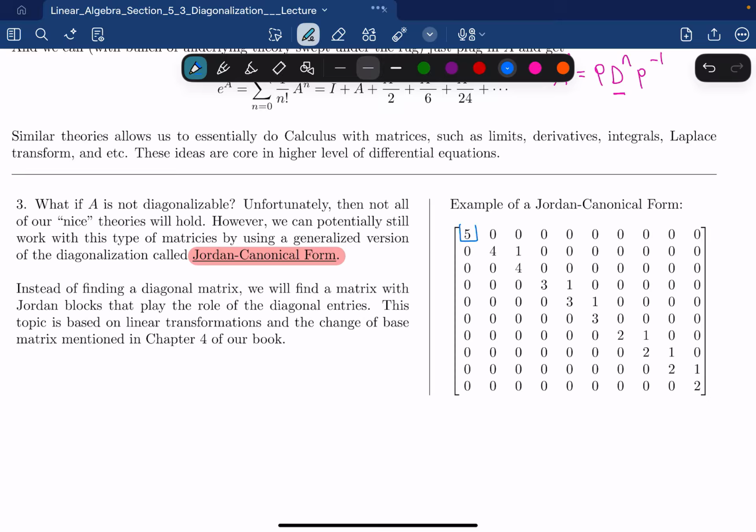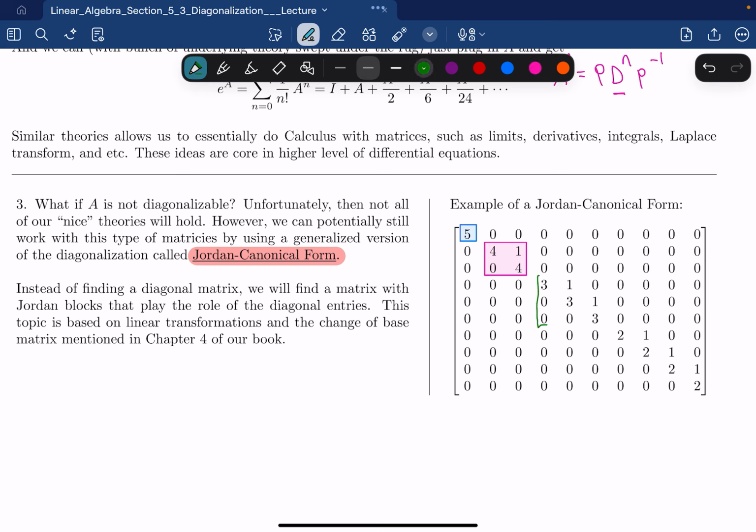Each one of these blocks is an n by n block that has the eigenvalues on the main diagonal, but a 1 right above each entry on the main diagonal. Why is this not stamped correctly? Here we go. Okay, a 1 on top of the main entry on the main diagonal.